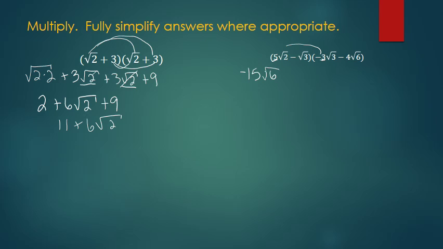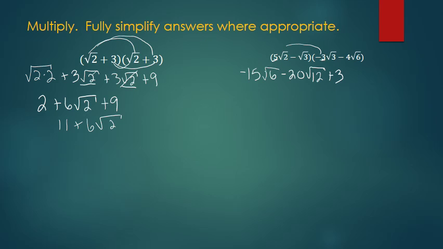Then I have 5 times negative 4, which is negative 20. Square root 2 times 6, which is 12. Now I have a minus 1 times negative 3, which becomes positive 3.